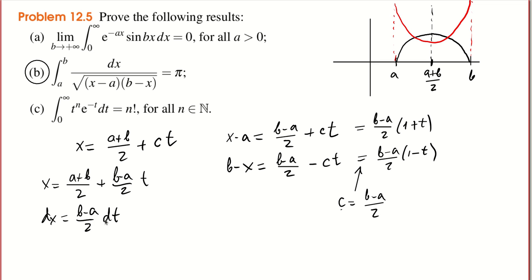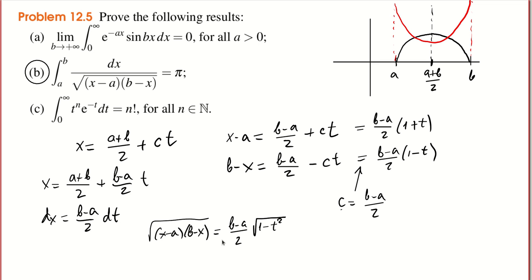And now the important thing is the square root of (x minus a) times (b minus x) is, well, you have this twice, so you multiply this by this, you have a square. Since we are taking its square root, you have (b minus a) divided by 2. And then you multiply this by this, and you have 1 minus t squared, and you have the square root, of course.